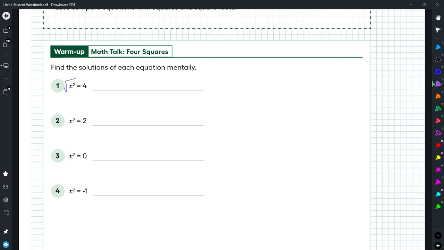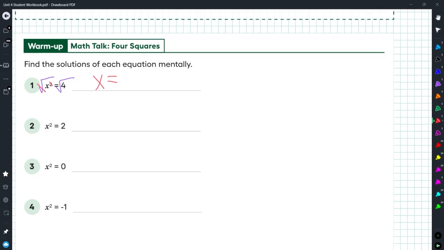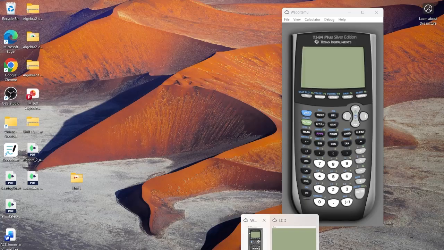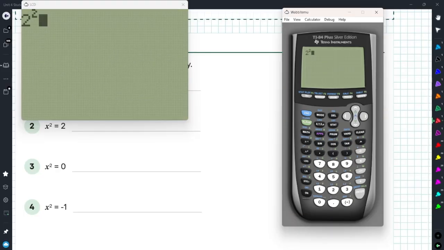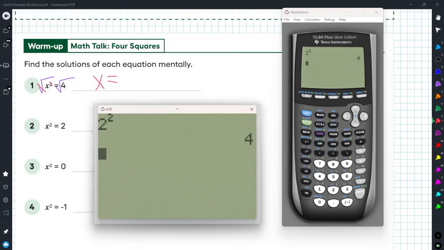If we take the square root of both sides, we talked about how the square root and the second power cancel, and the square root of 4 is 2. But because we're solving and we're taking the square roots to solve, we have to be mindful of another solution. We all know that the square root of 4 is 2, because 2 squared gives you 4.